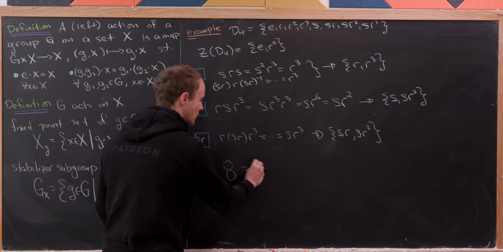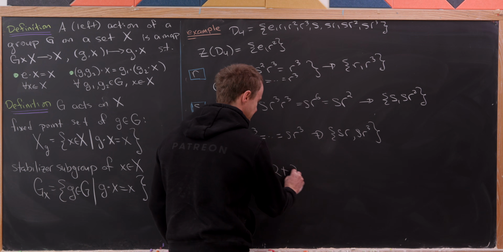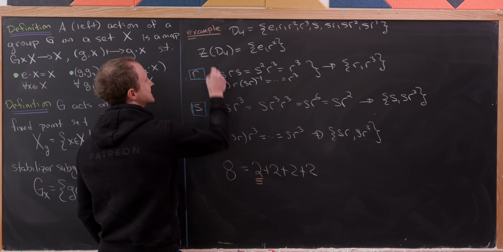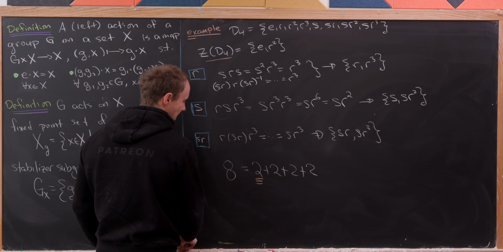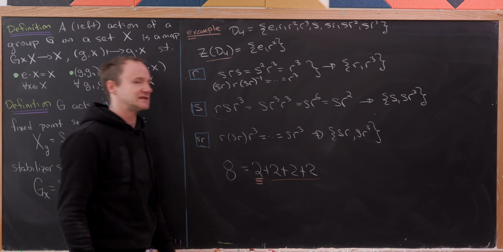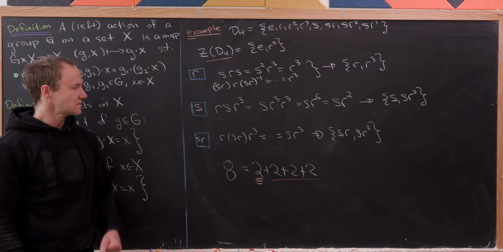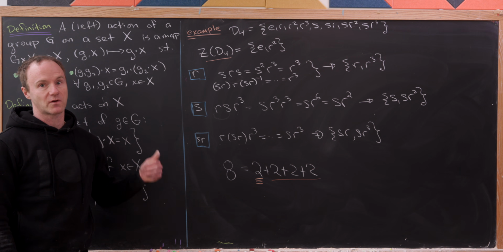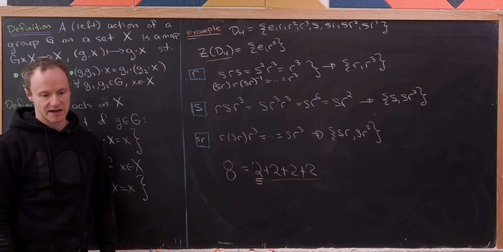The size of D4 is 8, which is 2 plus 2 plus 2 plus 2. Keeping in mind that this first 2 is the size of the center, and then these remaining 2's are the sizes of the conjugacy classes, or the orbits, or however you want to think about it, depending on which version of the class equation you take.